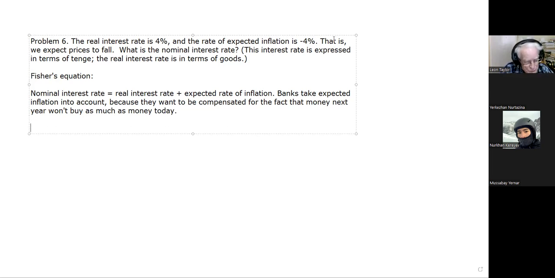Okay, the nominal rate is the rate that is actually charged on the bank loan in terms of tenge.